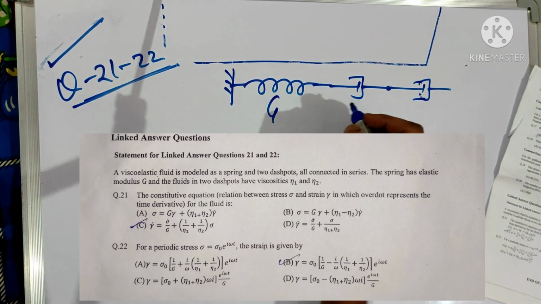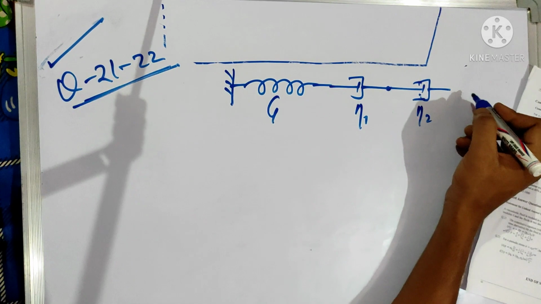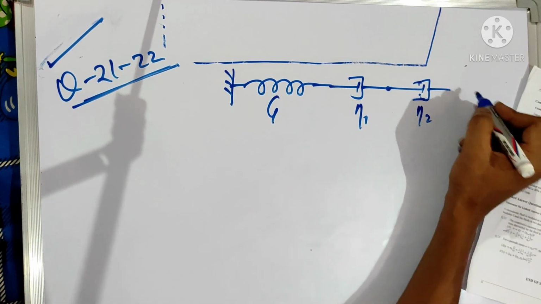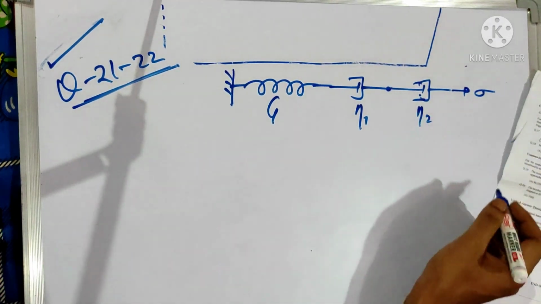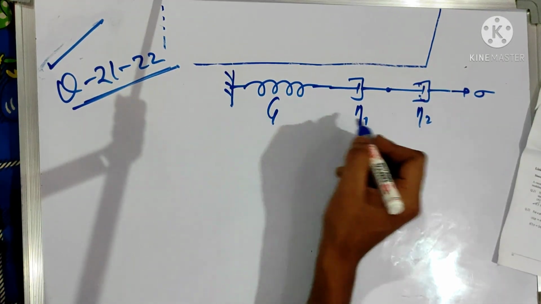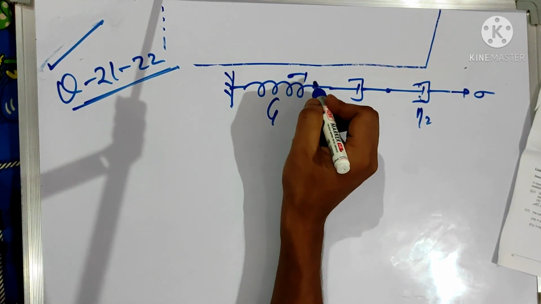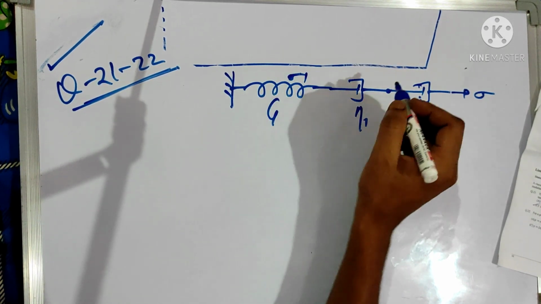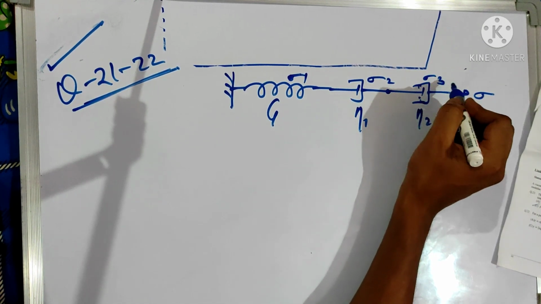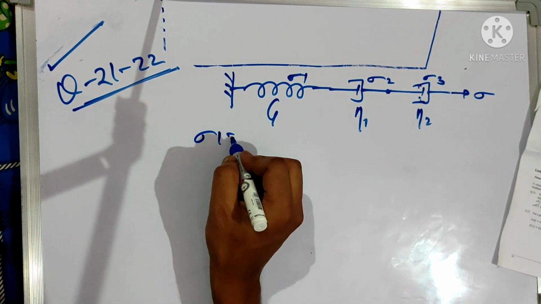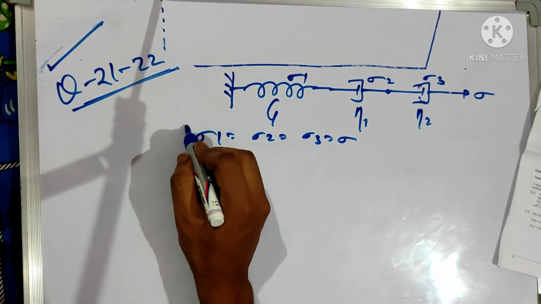Their moduli are G, eta 1, and eta 2, and the applied shear stress is sigma. Since the spring and dashpots are connected in series, the shear stress in the spring is equal to the shear stress in dashpot 1, which is equal to the shear stress in dashpot 2. So sigma 1 is equal to sigma 2 is equal to sigma 3 is equal to sigma.